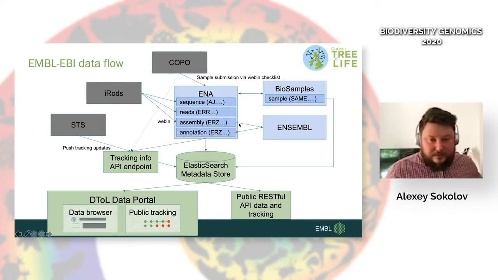And assembled sequences will be used by Ensembl to create annotation files. All these links will be collected in a central Elasticsearch database. Also, this database will serve as an API endpoint for tracking information that will be used by the data portal itself. And also we will provide public RESTful API data and tracking endpoints.